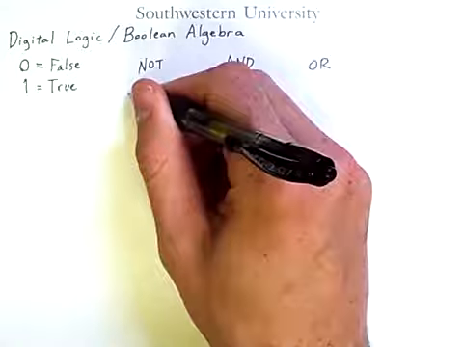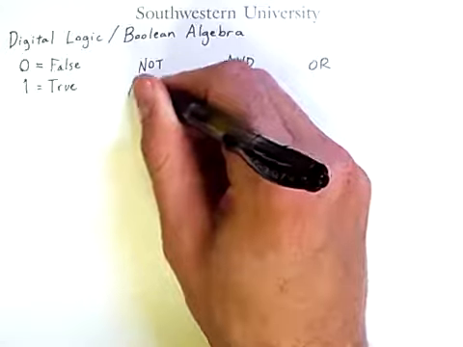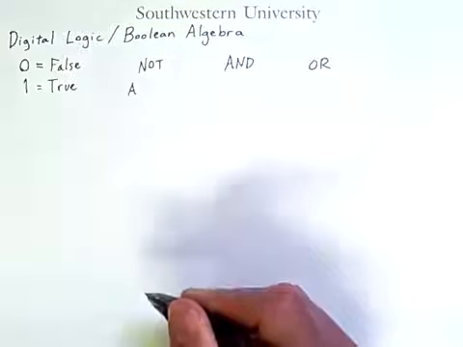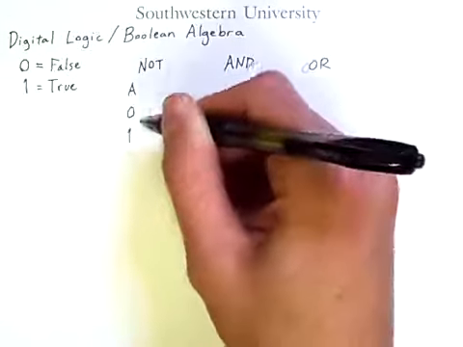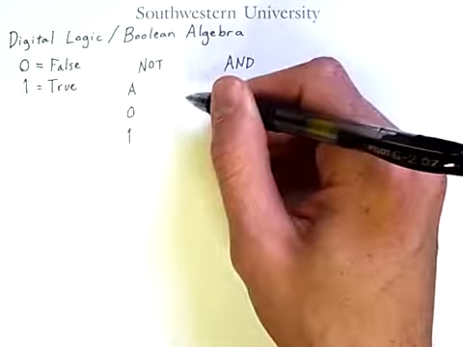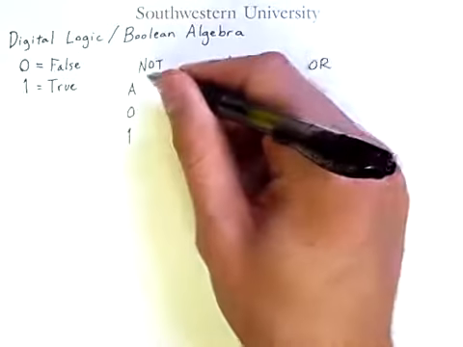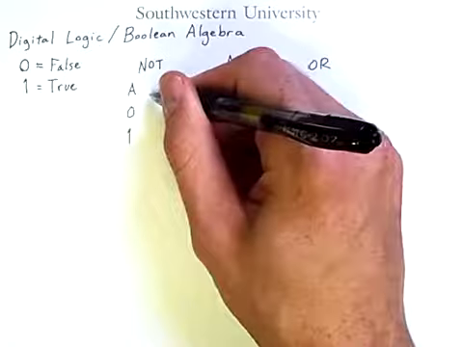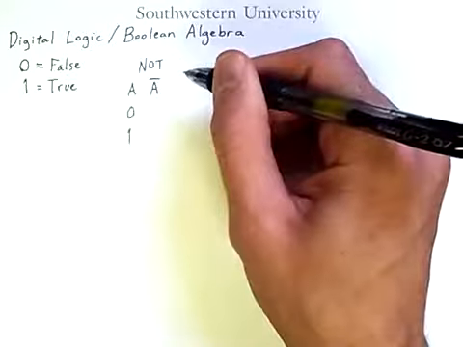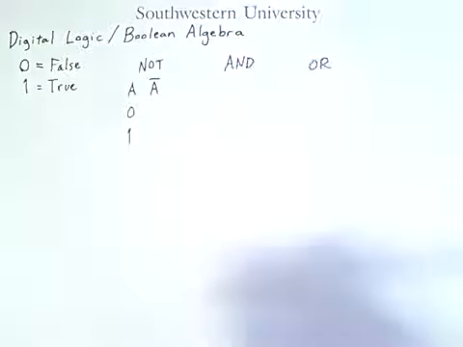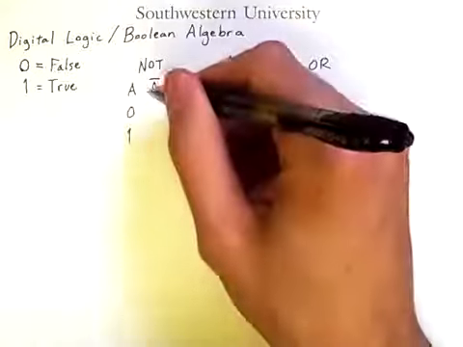Now, if I have a Boolean variable a that can take on a value of 0 or 1, then I will denote the negation of a, or not a, as a with a bar over it. This symbol may be different from what you've seen in other classes or in programming languages, but it is what we will use in this class.